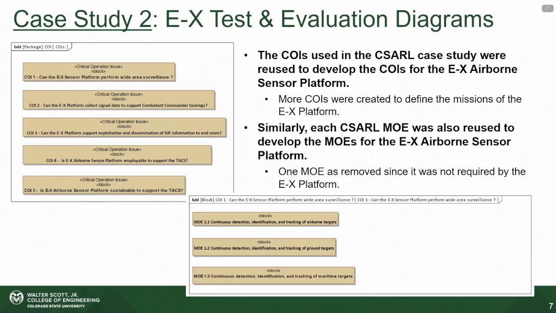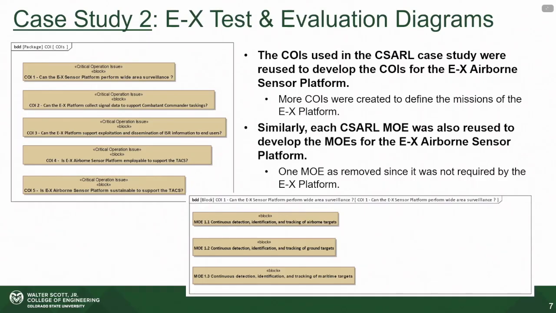I leveraged the flexibility of SysML and its reusability features, where I systematically decomposed all of those new COIs into new MOEs using the CSARL ones as model templates.